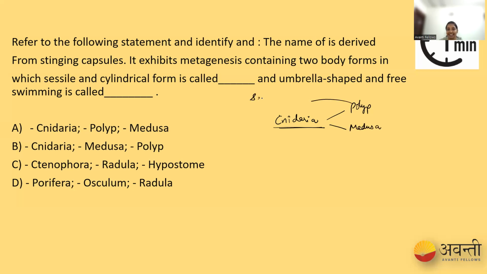Polyp is sessile and it's a cylindrical form, whereas medusa is umbrella shaped and free swimming.